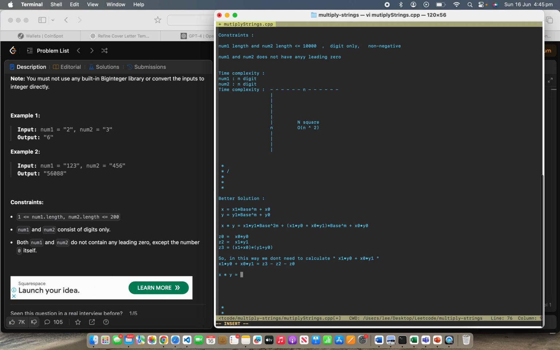So x times y is equal to Z2 times the base to the power of 2n, plus Z3 minus Z2 minus Z0 times the base to the power of n, and we plus the last one, Z0. So this time we don't need to calculate this part of the formula, which is Z1, if we use this representative method.